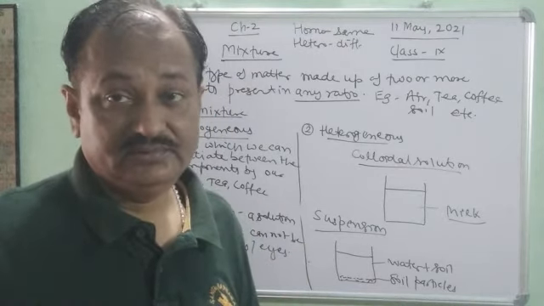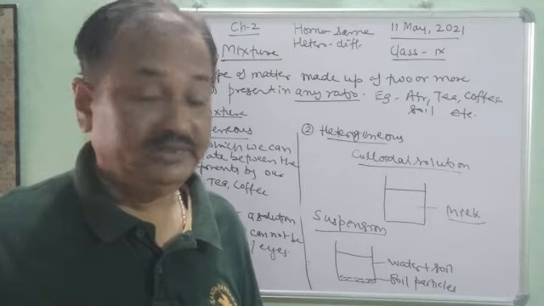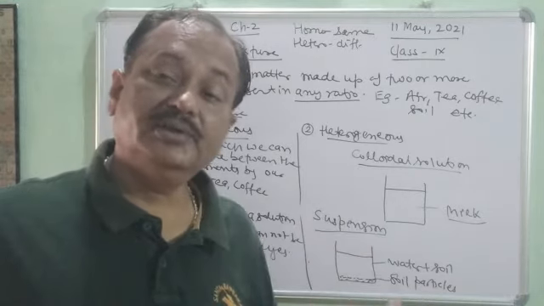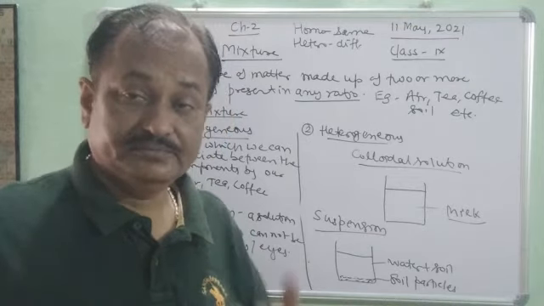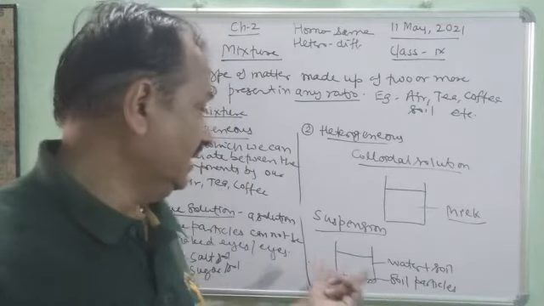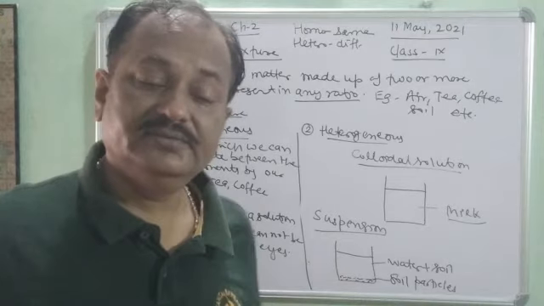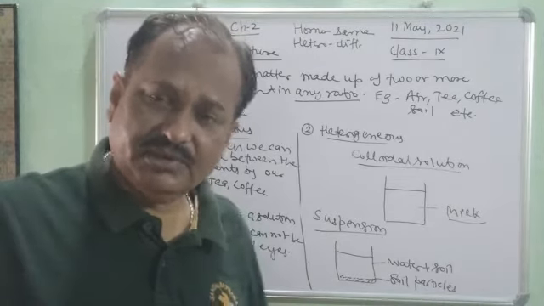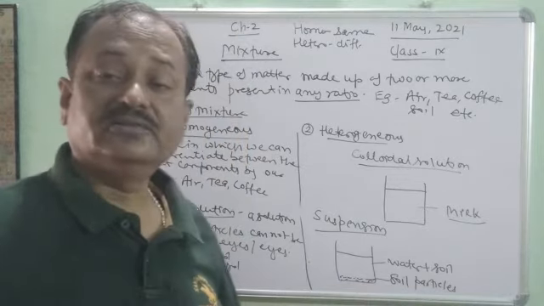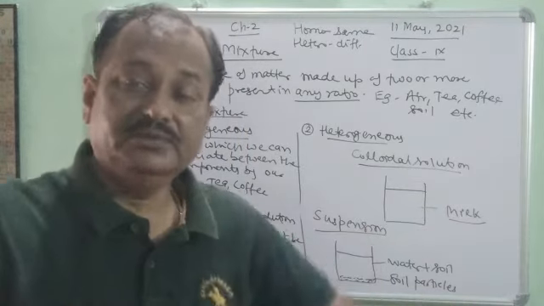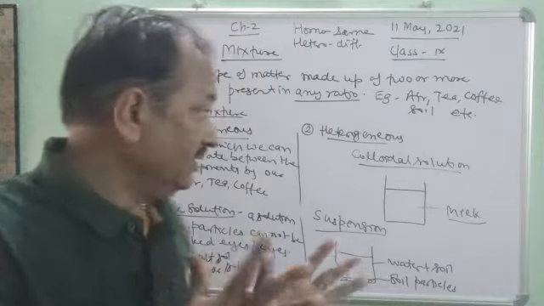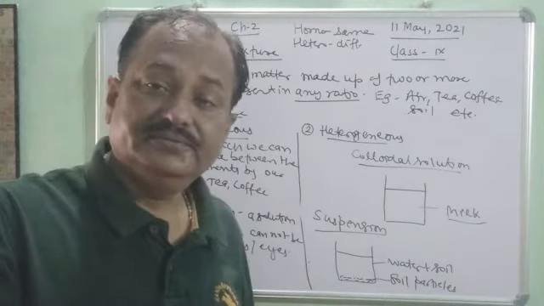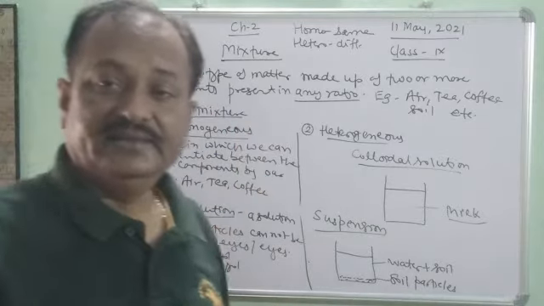Similarly, colloidal solutions have solid particles of size 1 nanometer to 1000 nanometer. In a suspension, the size of solid particles is more than 1000 nanometer. That's why the particles of sand, particles of soil settle down in the bottom. So this is about the description of mixtures and their forms.